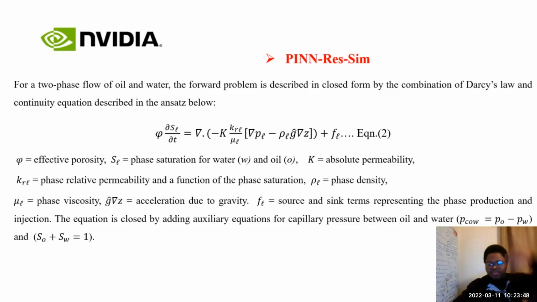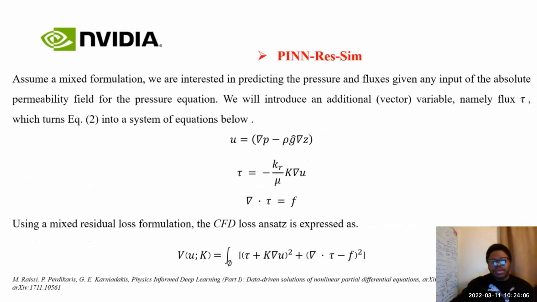Ideally, F is positive for an injector because you're injecting, and F is negative for a producer because you're taking out. The system is closed by assuming that the saturations of oil and water sum to 1, and if you don't have capillary pressure, the pressure of the oil is equal to the pressure of the water.